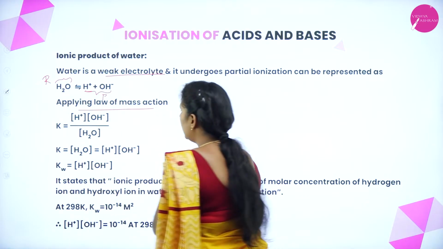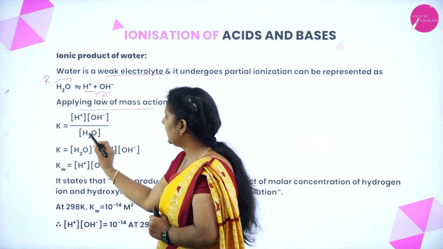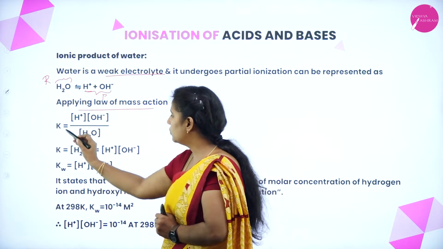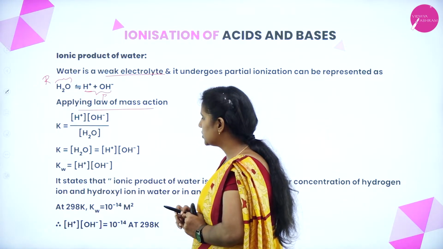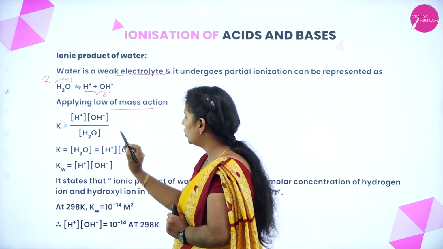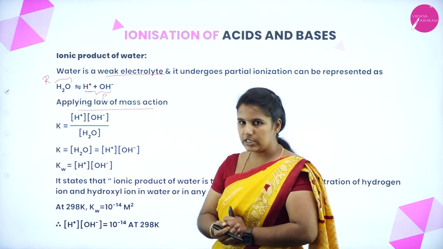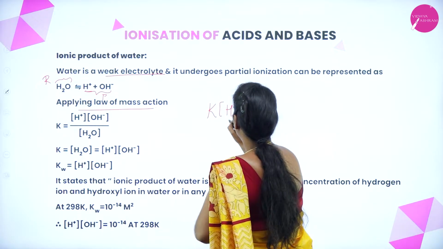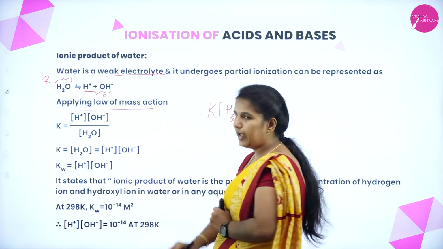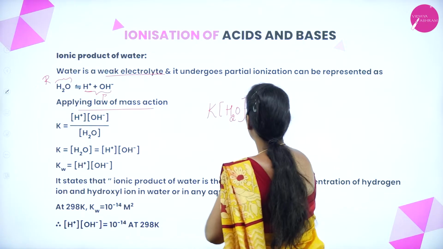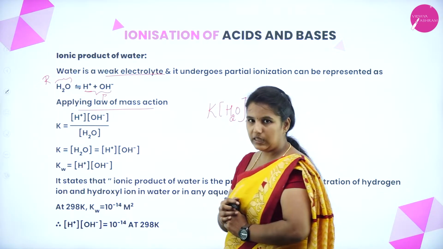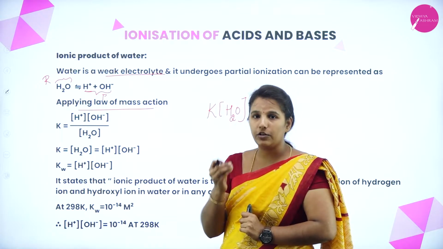Now I multiply the K with the molar concentration of the water. So K into the molar concentration of water is equal to the molar concentration of H plus into OH minus ion. Now I'll call K into the molar concentration of water as Kw. It is nothing but the ionic product of water.